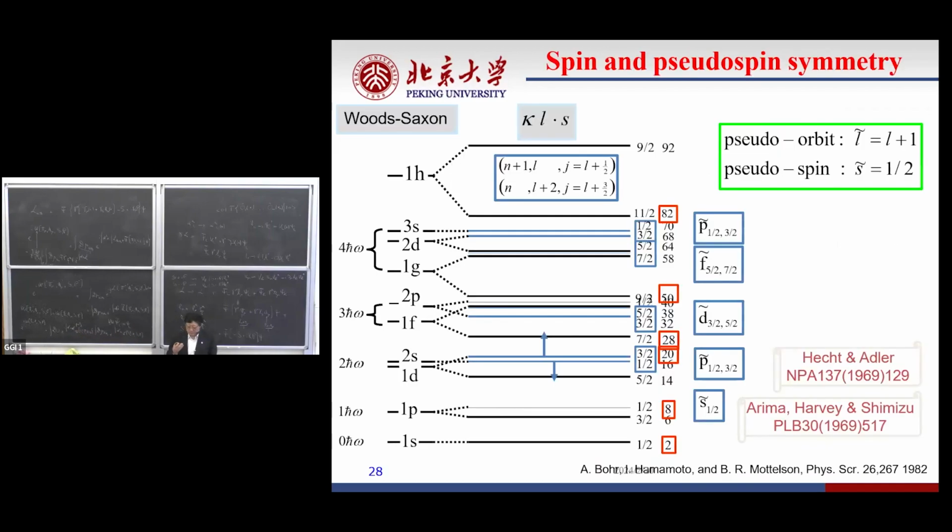And then from the single particle level, we will try to understand the pseudospin symmetry. You have already seen this figure several times, right? And you also already know the story of the pseudospin symmetry. This is a good way: follow the trend of the development of science and go perpendicular to the mainstream.